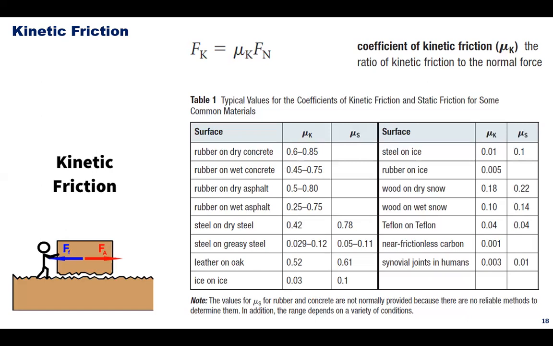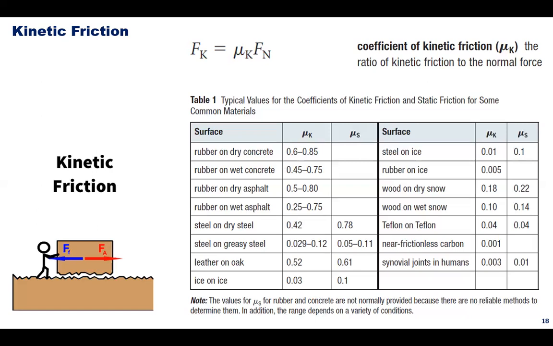The coefficient of kinetic friction for two rough surfaces is larger. For example, the surface of wood is much rougher than the surface of ice, and the surface of wet snow is rougher than that of ice. For wood slipping on wet snow, the coefficient of kinetic friction is about 0.10.